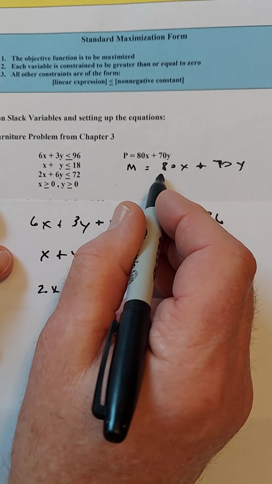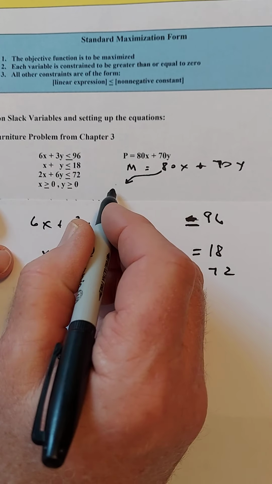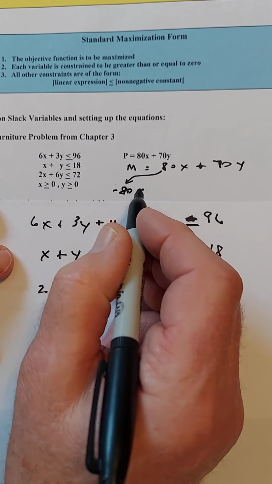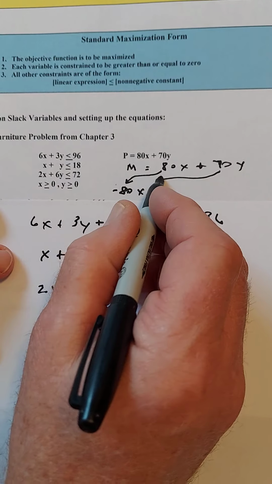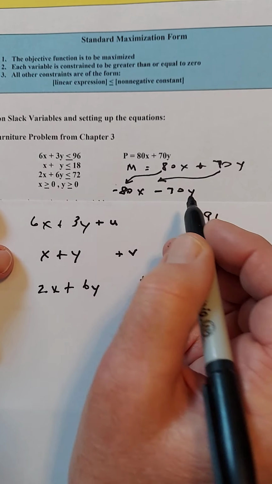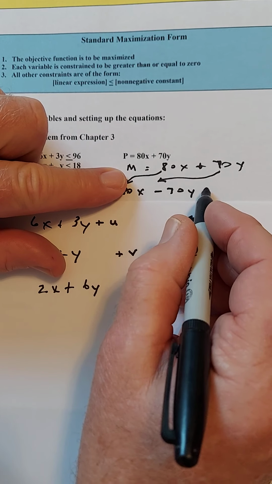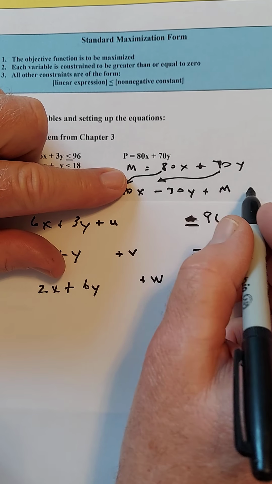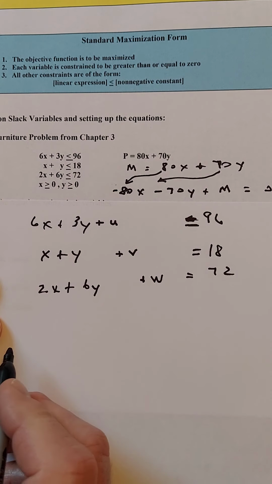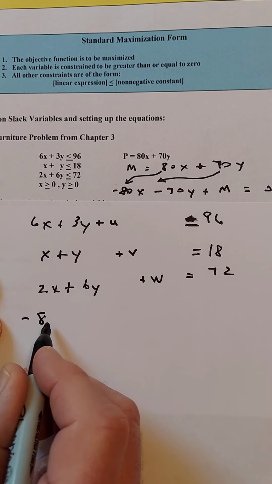So if I take that 80 over here, put it on this side of the equals, that's going to be negative 80x. I'll do the same thing with the y, so that becomes negative 70y. I still have the M here, so plus M, and that would be equal to 0. Let me copy that down here because I'm going to keep this page and use it again in a minute.